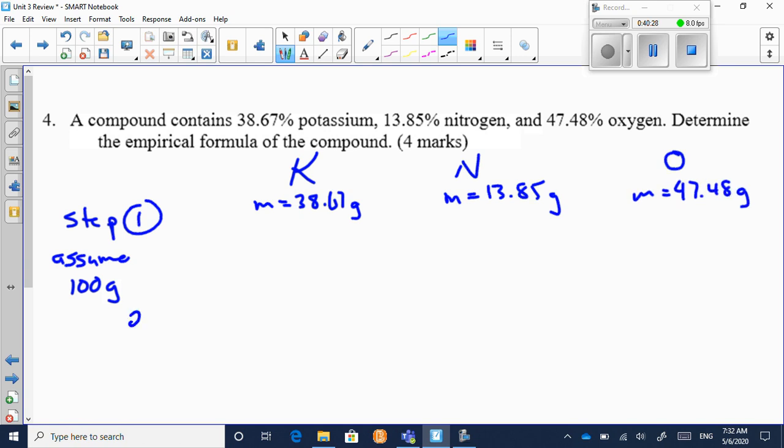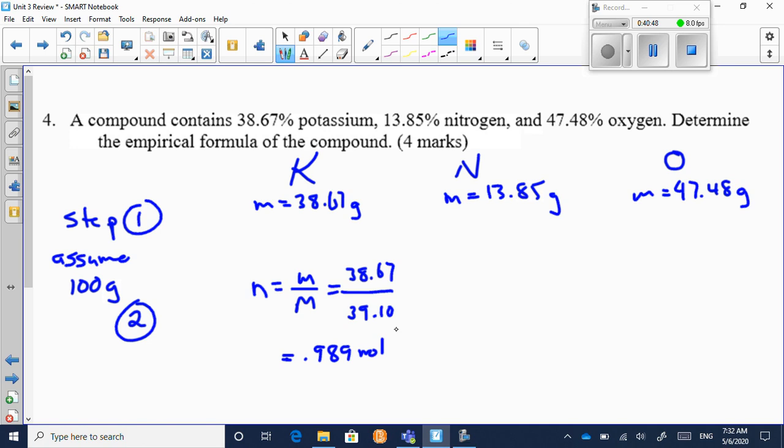Okay, step number 2, calculate the number of moles. So little n is equal to little m over capital M. In this case, it's 38.67 divided by 39.10, and when I do that, I get 0.989 moles. Here, it's 13.85 divided by 14.01, and I get 0.988 moles.